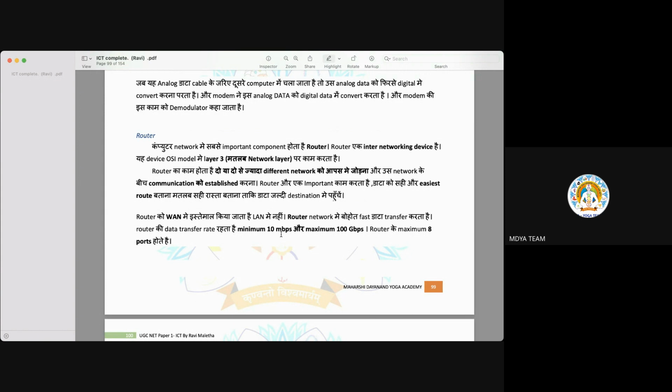Like in WAN, it is used, not in LAN, it is used in WAN. Because in WAN the signals are very fast, and a very large amount of data transfer can be done using a router.